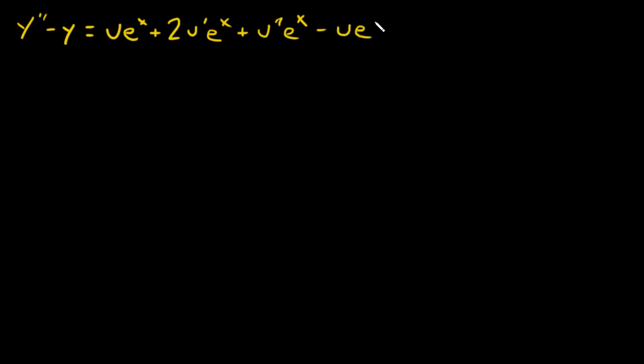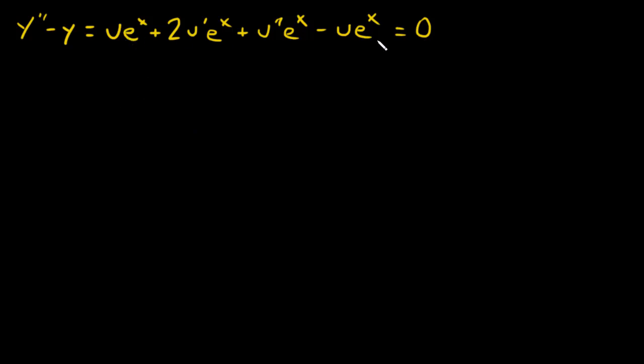So y double prime minus y is going to equal, well, y double prime was u e to the x plus 2 u prime e to the x plus u double prime e to the x, right? And then minus y, and y was u e to the x, right? And all that is going to equal 0.